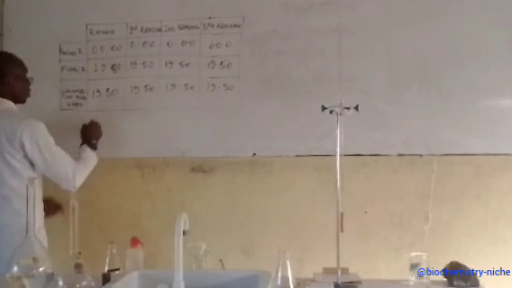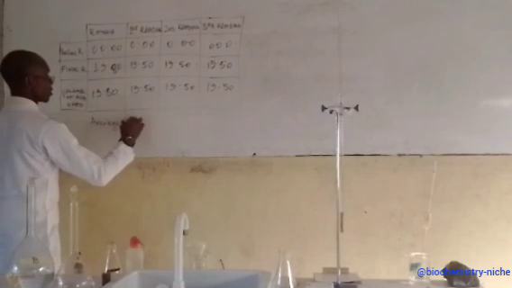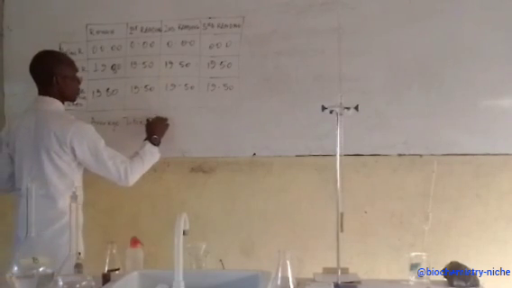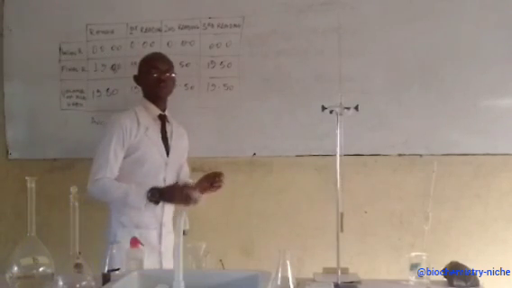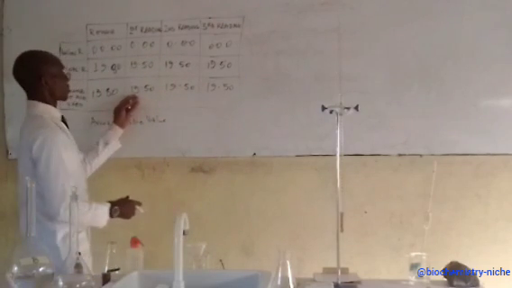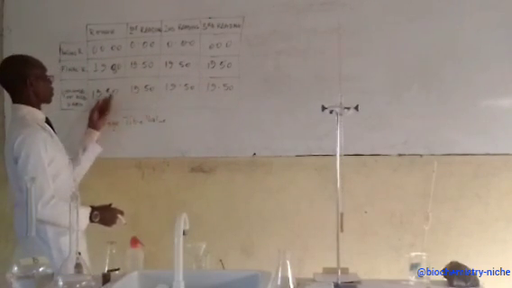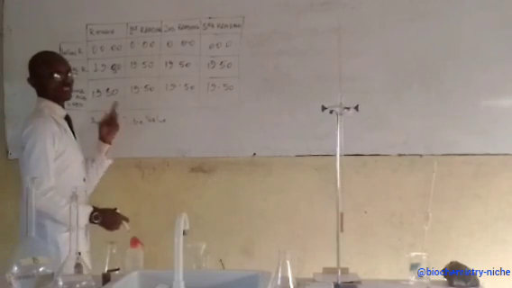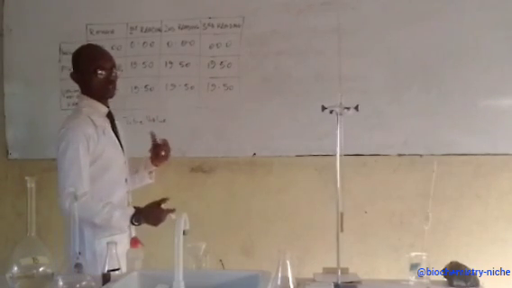Remember that I said the average titration value must be within a margin of no more than 0.2. All of these, 19.5, 19.5, 19.5, are different from 19.8 with a margin of 0.30. So we cannot use this one, and most times we don't use the rough.